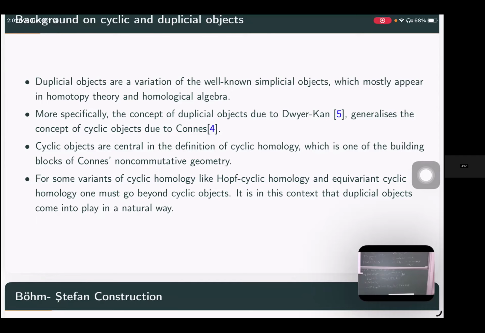Now, cyclic objects are central in defining cyclic homology, which is one of the building blocks of Connes' non-commutative geometry. Now, for various variations of cyclic homology, like the Hopf cyclic homology and equivariant cyclic homology, one must go beyond cyclic objects, and that is when we do make use of differential objects.